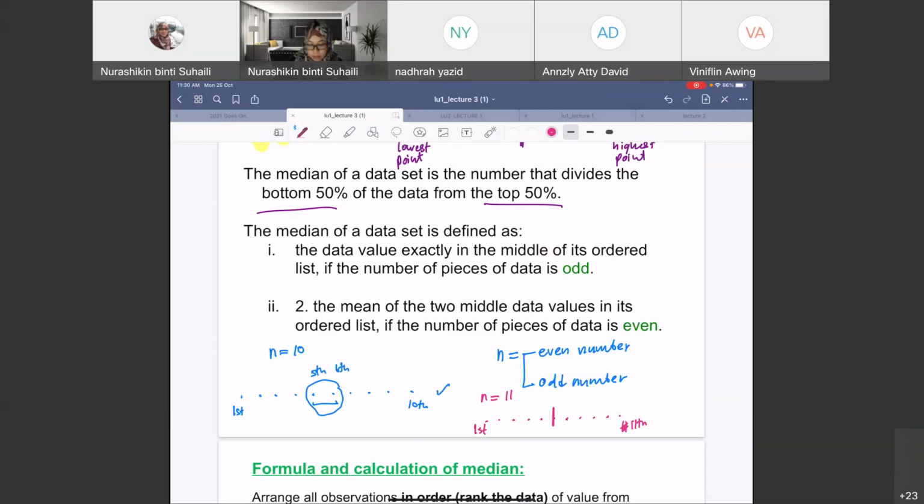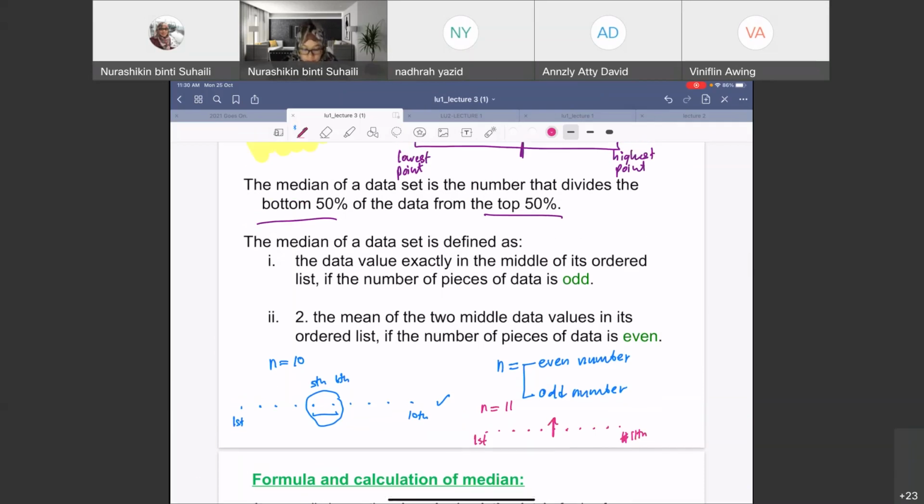So this is the middle. 1, 2, 3, 4, 5. So it divides equally. So the sixth point is the median value. So for an odd number, it's not a problem, but for an even number, you have to find the average of the two values that sit in the middle.